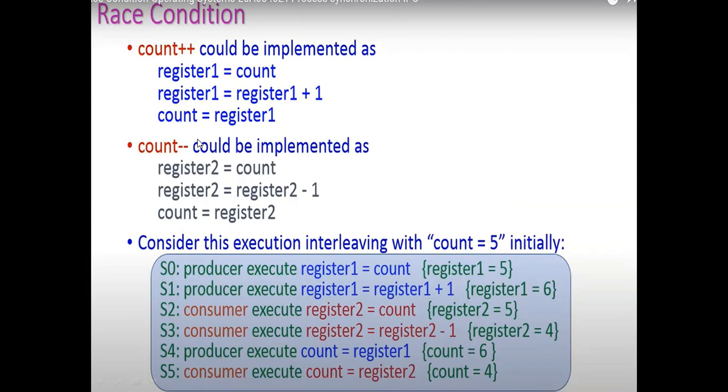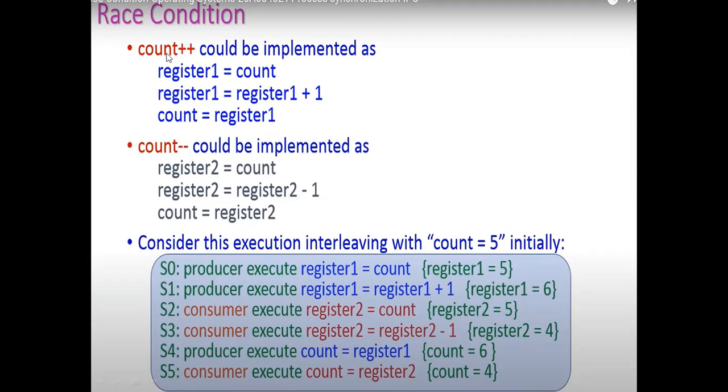So high-level code will be converted into machine-level code because the CPU understands machine-level code. This increment of the count value is implemented as: the count value is assigned to register 1, the register 1 value is incremented and stored in register 1, and the value of register 1 is again moved to count.